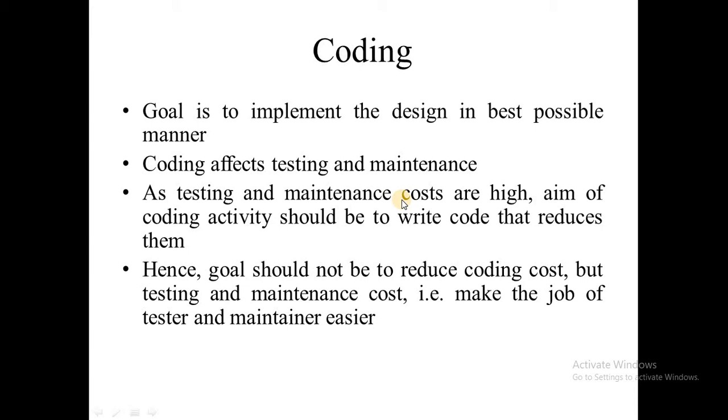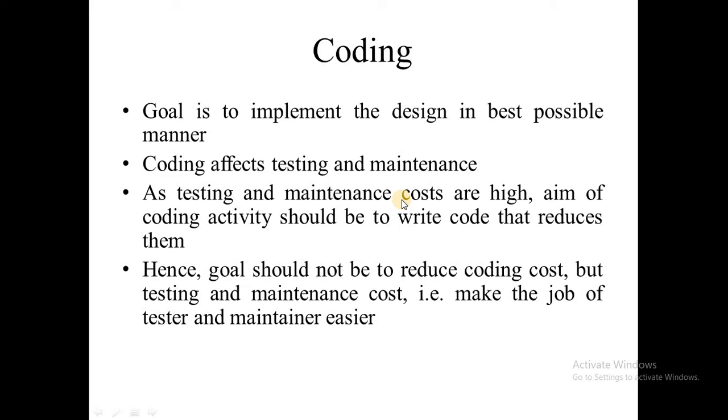The main goal of coding is implementing the design in the best possible manner, because design is the previous step for coding. Whatever the designer has specified in the design document has to be implemented in a clear manner. That is the main goal of coding.